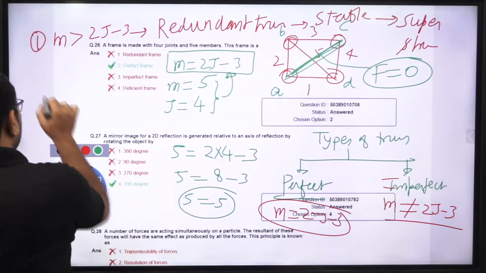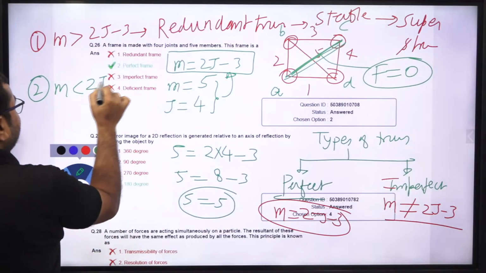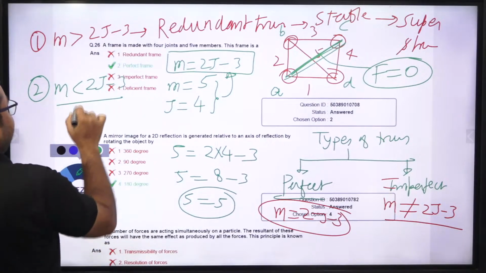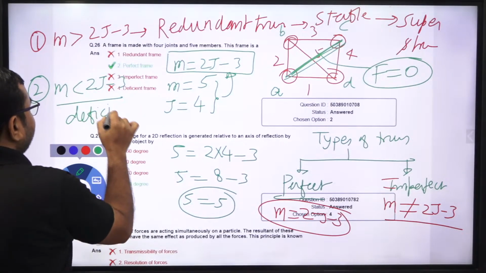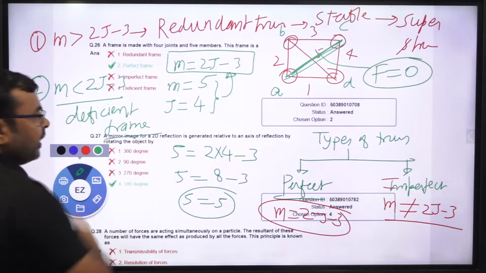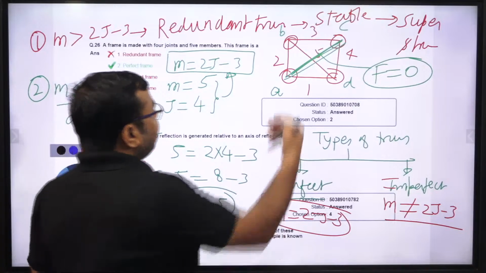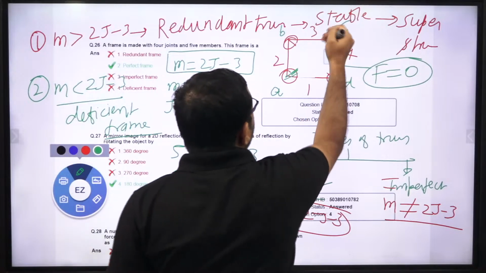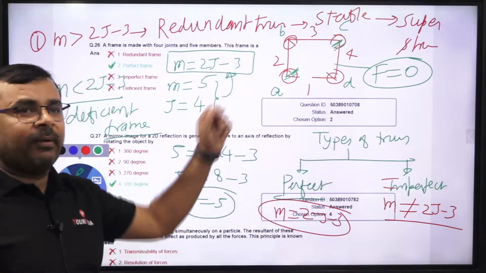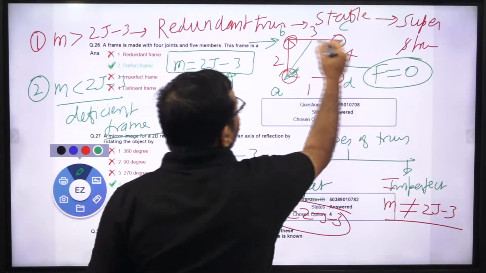Is it clear? Okay. And the next one, that is if m is less than 2j minus 3, then this is called a deficient truss or deficient frame. And deficient frame means the number of members required is less. Yes or no? Similarly, in this figure if I remove this, so we only have four members for the joints, then when you apply one force on it, it will move like this.